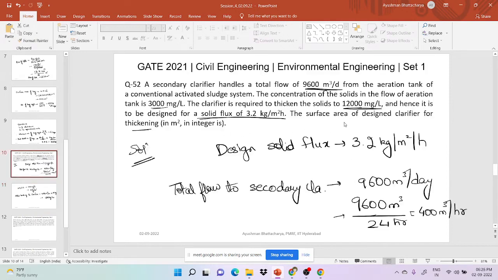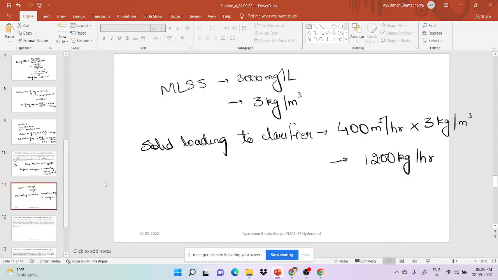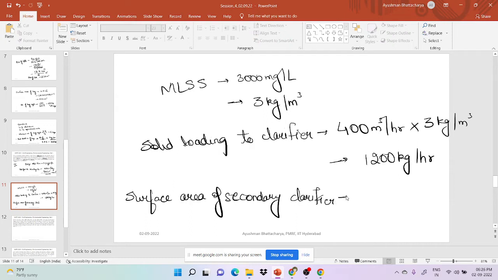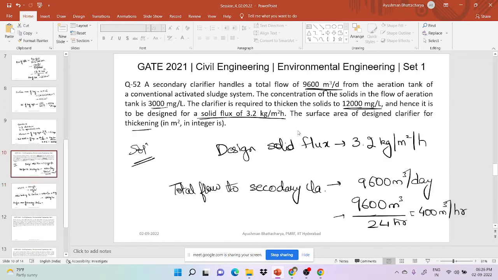So now they have asked for the surface area of the design. In the design clarifier they have given 3.2 kg per meter square per hour. Here we are getting kg per hour. So for the surface area of the secondary clarifier, see the unit is kg per hour, and the design clarifier is 3.2 kg per meter square per hour.